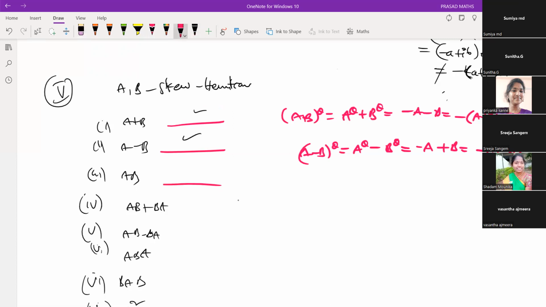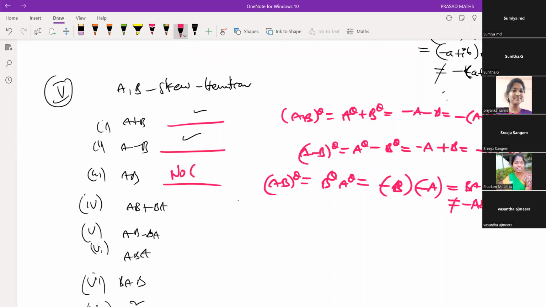Right? Next, what is this? A into B? AB whole theta is equal to B theta into A theta. This is minus B, this is minus A. Right? This is nothing but BA. But this cannot be minus AB in general. But if you provide BA equals minus AB, that means A and B are anti-commutative.